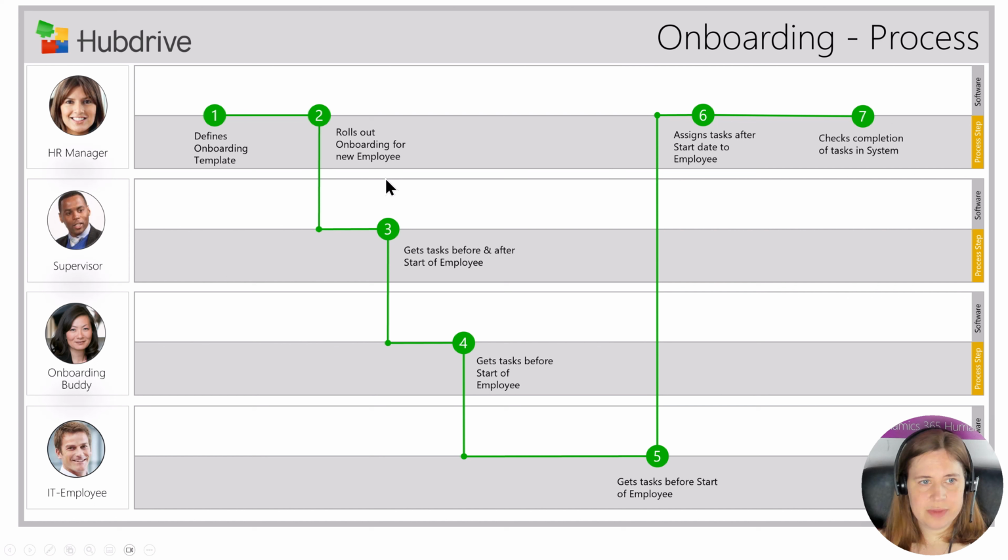And then automatically the supervisor of that employee will get tasks before and after the start of the employee, such as ensure that they are handed out keys to the place where they work, or that they get a new laptop, or after they start, make sure they get an office tour, or whatever is important in the onboarding inside of your specific company.